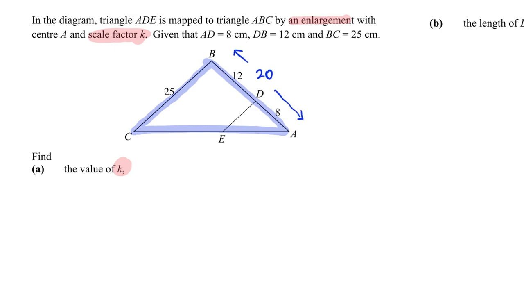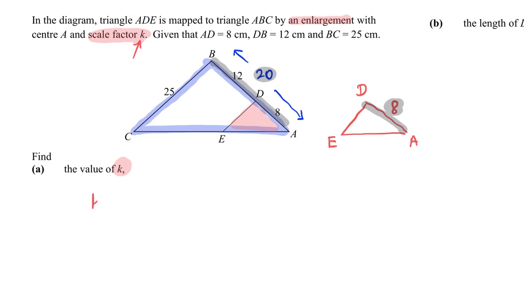I am also going to draw this small triangle out here. That will help me a lot, because then I can make use of these two corresponding sides to help us find the value of k, which is the scale factor.